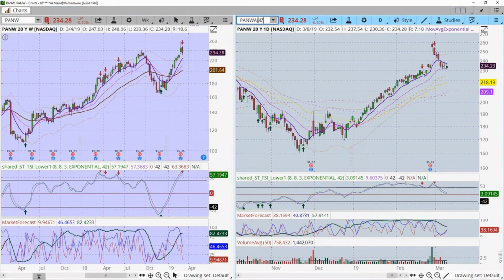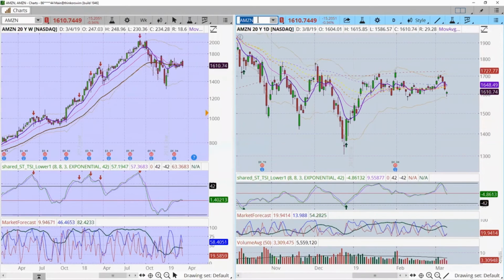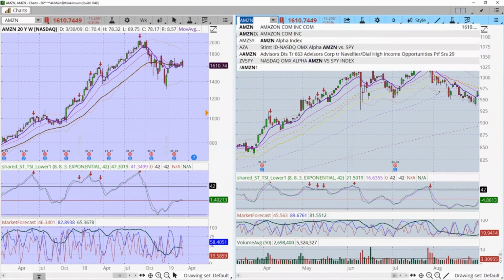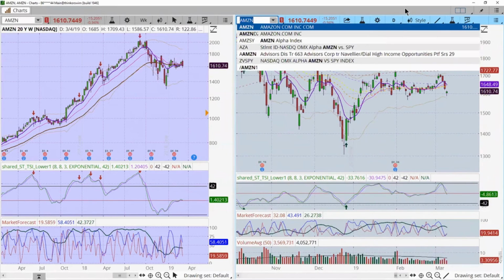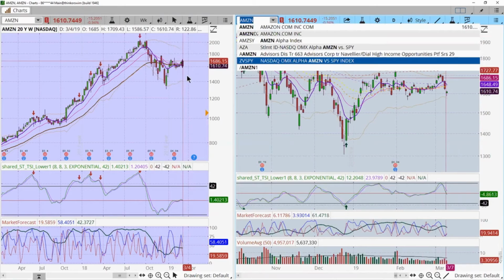Our buddy Amazon. Hello, Amazon. Amazon has come back down and refound support. On a weekly chart it looks like it wants to continue to fall.